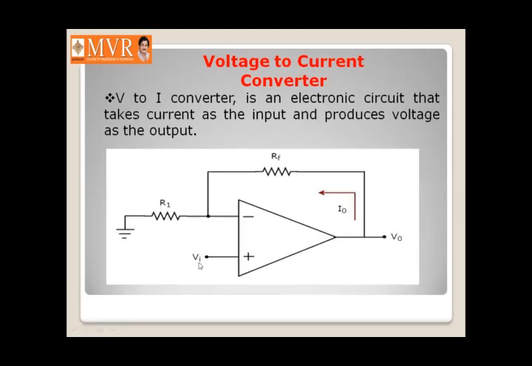Here we have given the input signal to the non-inverting terminal of the operational amplifier, and we are observing the output current, which we have considered as I naught. The I naught is going to flow in this direction, as shown.